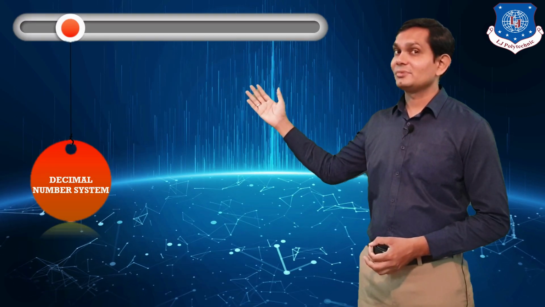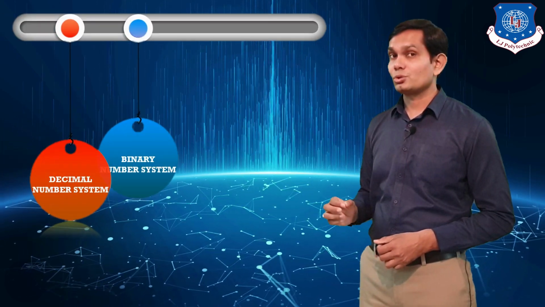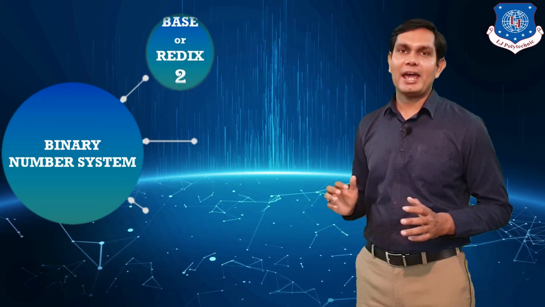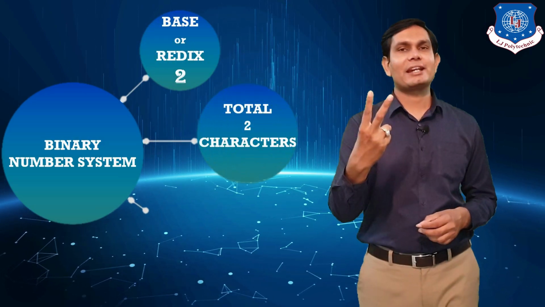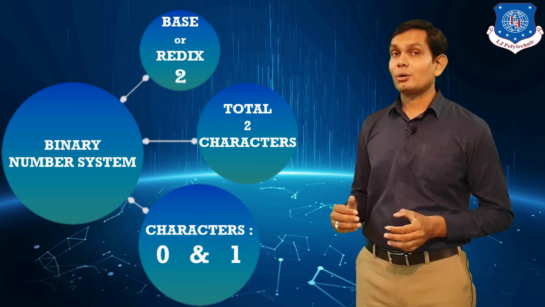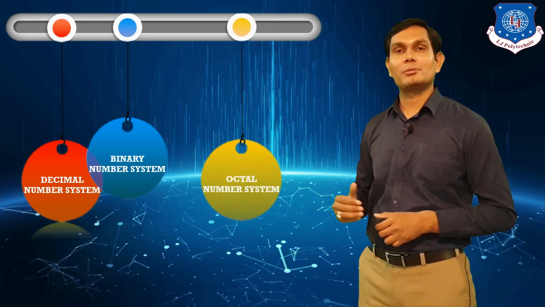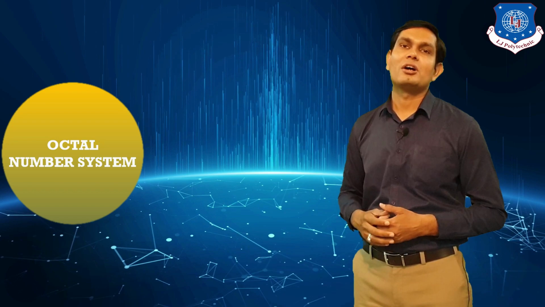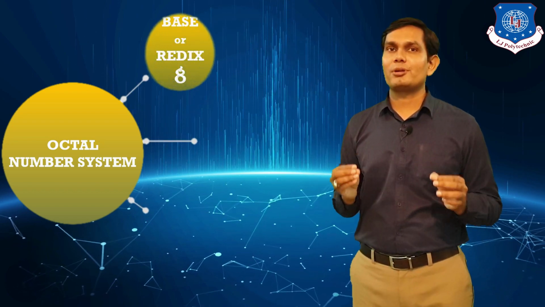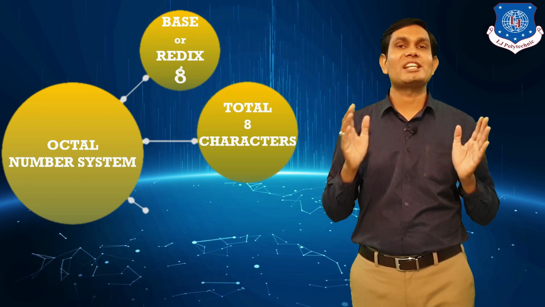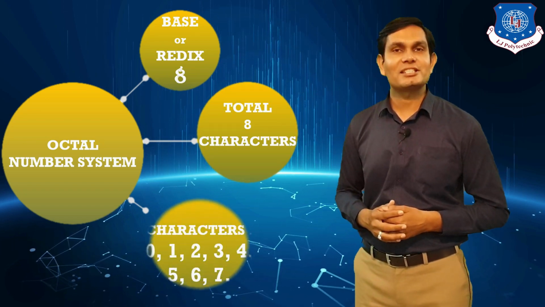Second number system is the binary number system, so you must write 2 as the base or radix, and there are only 2 characters in the binary number system, that is 0 and 1. Now the third number system, that is what? Octal number system, and in the octal number system 8 is the base or radix, and a very important part, you just write numbers 0 to 7 in the octal number system.